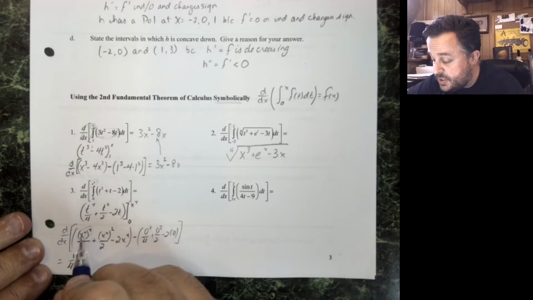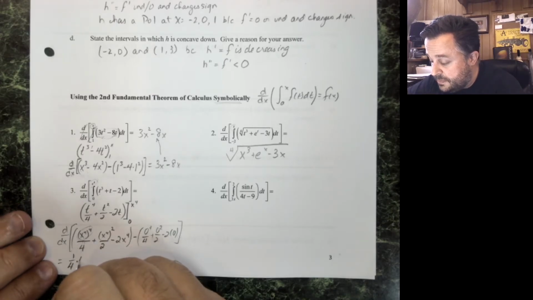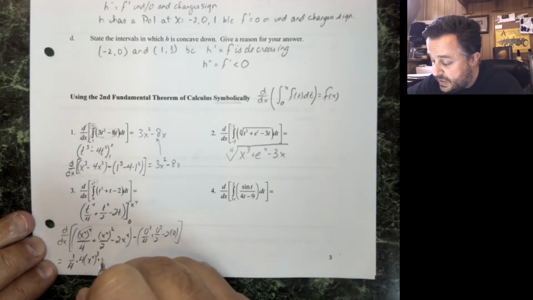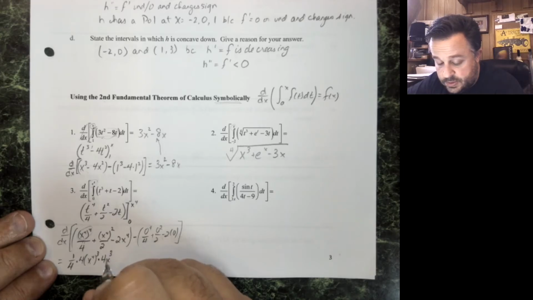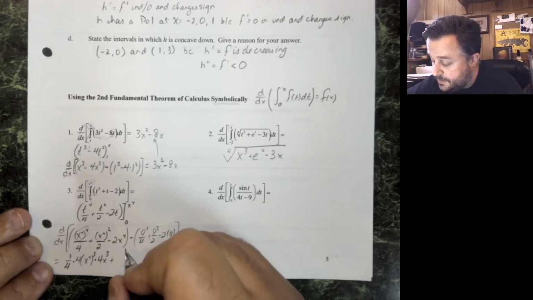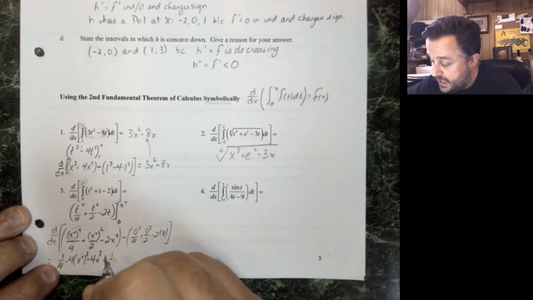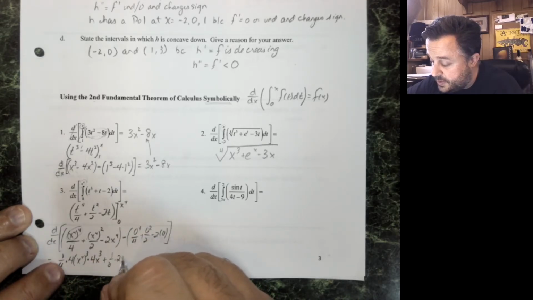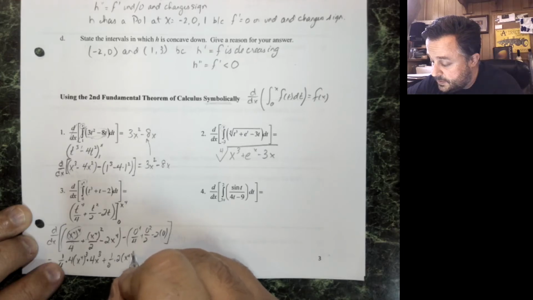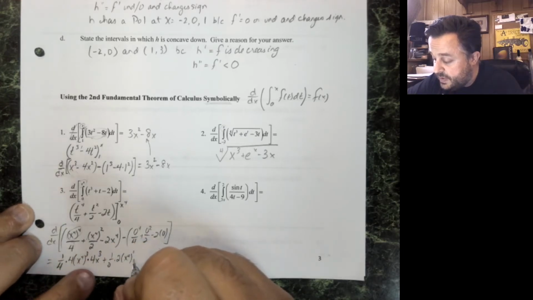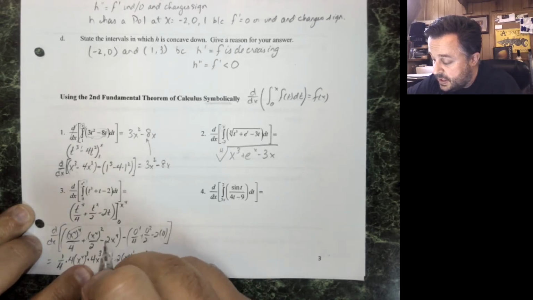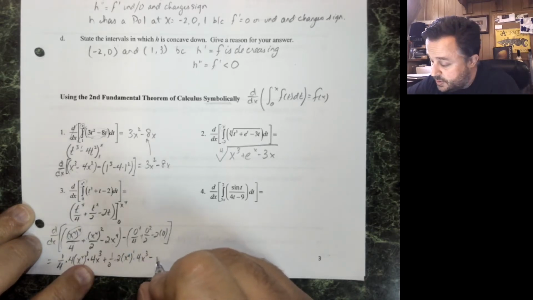This is a composition, so it would be 4 times x to the 4th cubed times the derivative of the inside, 4x cubed, plus 1/2 times 2x to the 4th to the 1st times the derivative of the inside, minus 8x cubed.